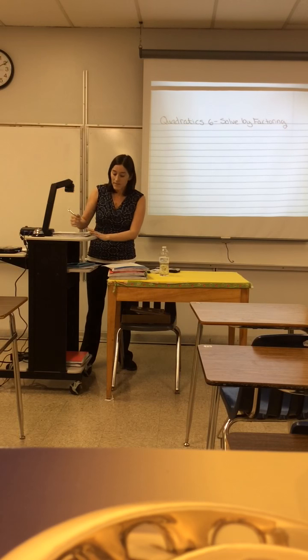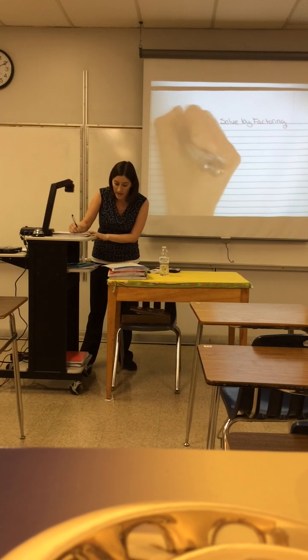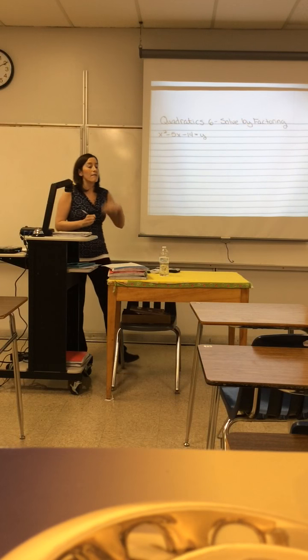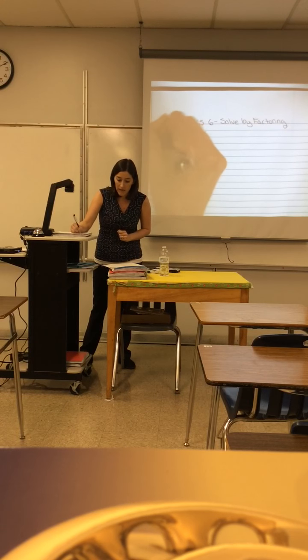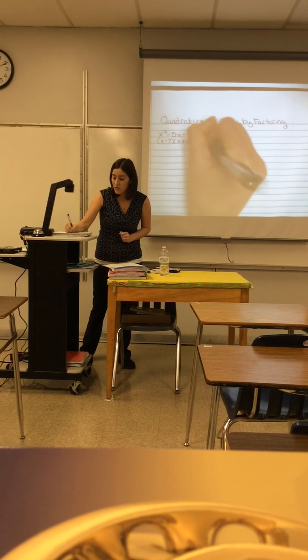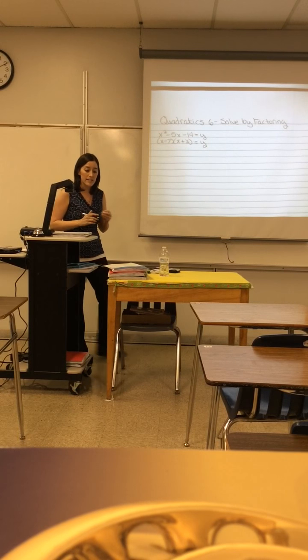Given this equation, x squared minus 5x minus 14 equals y. If we were going to factor this, its factored form would be (x minus 7)(x plus 2) equals y. So how are we going to use this factoring method to find our x-intercepts?